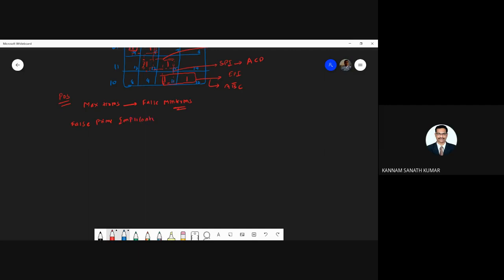So you have false prime implicants, and next essential false prime implicants, EFPI. And redundant false prime implicants, RFPI.